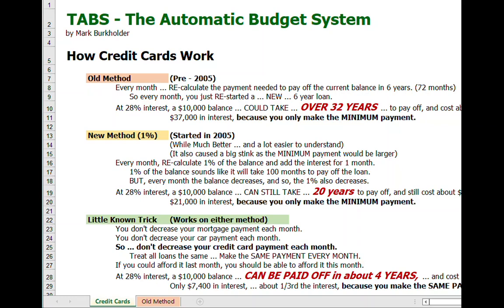To calculate your minimum payment this month, first find your interest for 1 month. That's going to depend on your specific interest rate. Remember, monthly interest is equal to your annual interest rate divided by 12. The interest for 1 month will be your annual interest rate divided by 12 times your current balance.